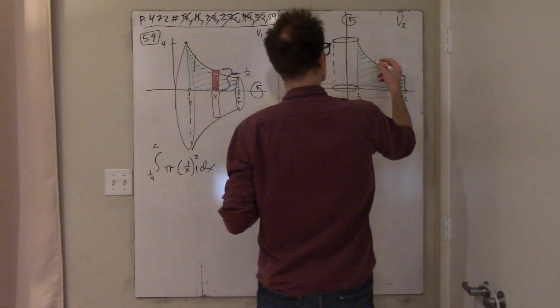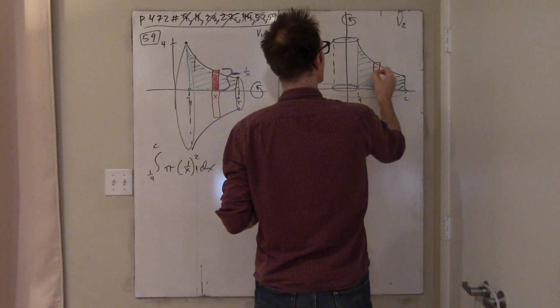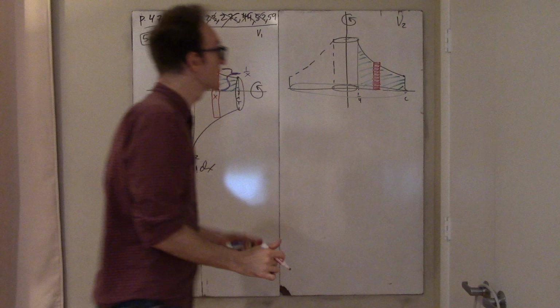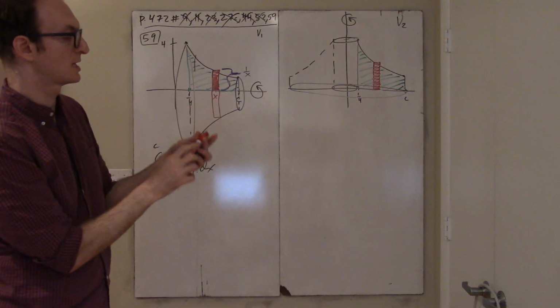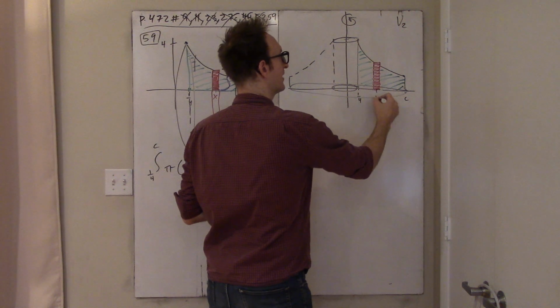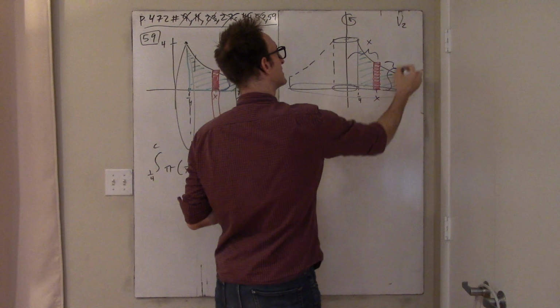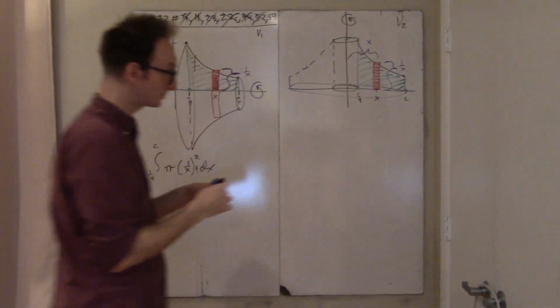Now, maybe I'll just use shells. So if I'm going to use shells, then now I have my representative rectangle like that. But the axis of rotation is the y-axis, so for this arbitrarily chosen x value, the radius of the shell is x, and once again, the height of the shell is 1/x.